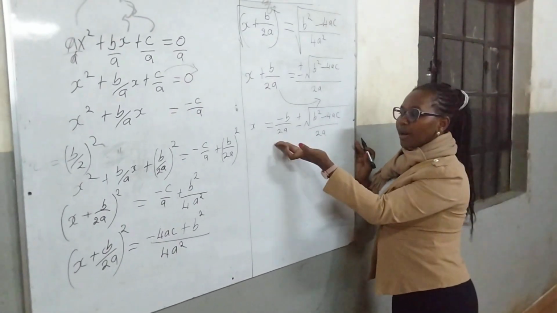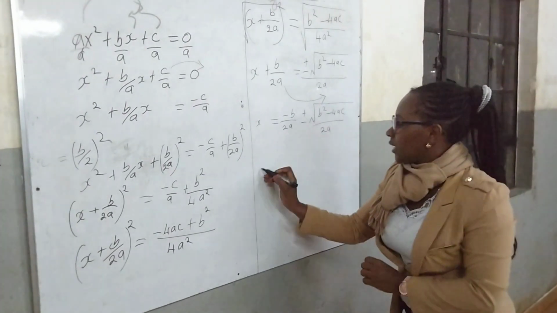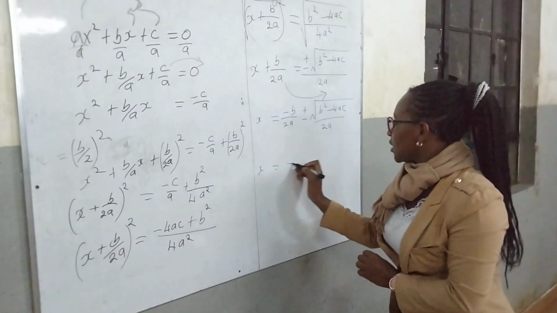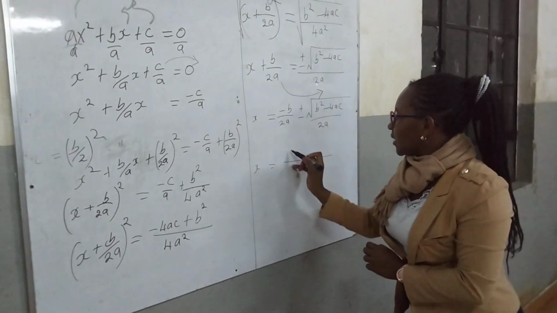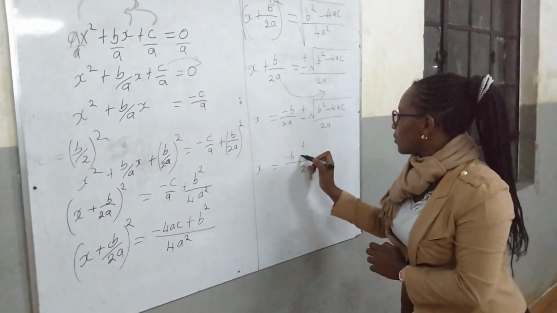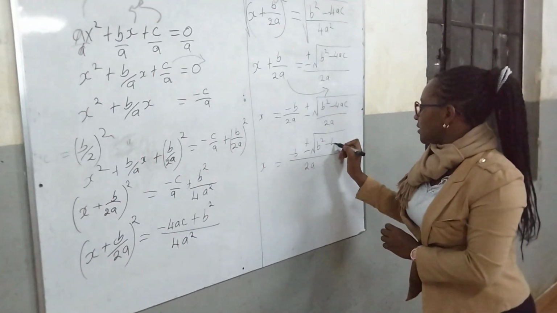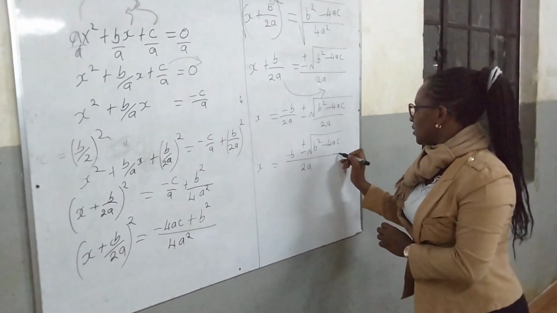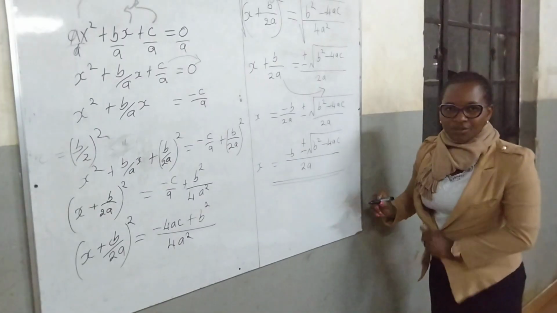The 2a are both on the denominator. We can have the LCM, and have our x being, the LCM here is 2a. Here we'll be having negative b plus or minus the square root of b squared minus 4ac, all over 2a. And this is the quadratic formula.